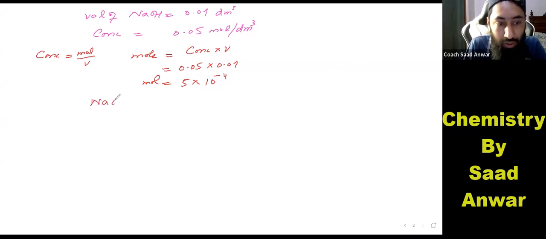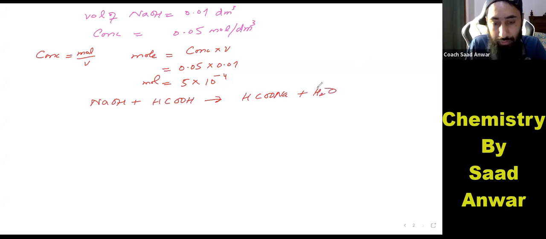When sodium hydroxide reacts with methanoic acid, formic acid, I will get a salt and water. So guys, can I say that if moles of sodium hydroxide is 5 into 10 raised to power minus 4, the moles of this salt should be 5 into 10 raised to power minus 4? Yes, I can say this.